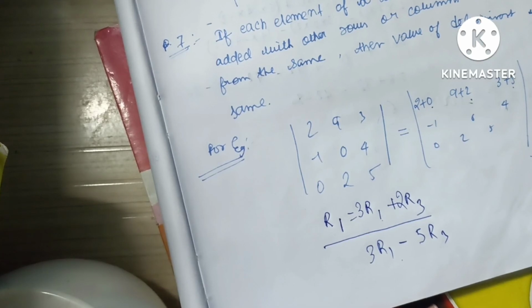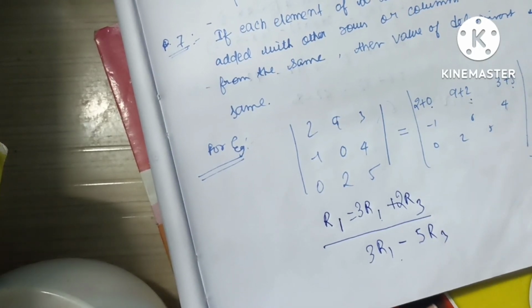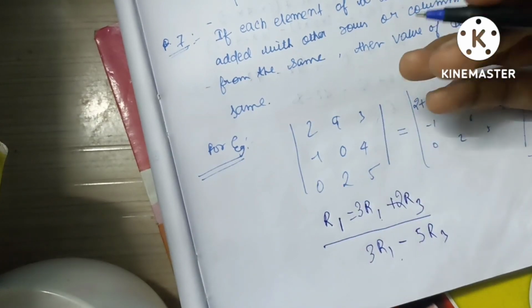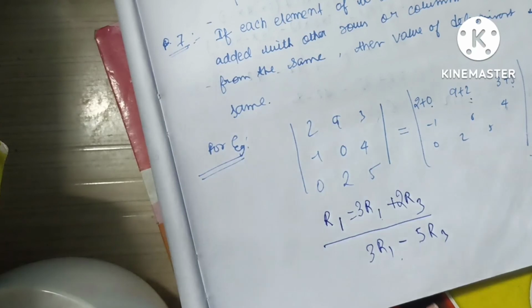Of course, if there are 3 zeros, the answer will be 0, as discussed in property 1. But if we can bring 2 zeros, then the calculation becomes easier. So every property of determinants aims to make the maximum number of zeros, that is 2 zeros, and if there are 3, the answer will be 0. So here we can end the discussion of the properties of determinants.